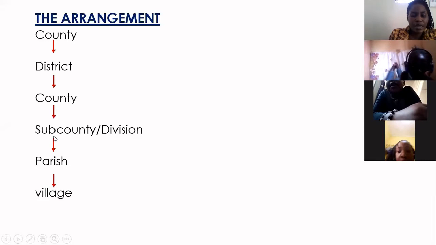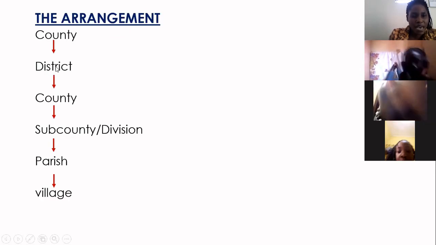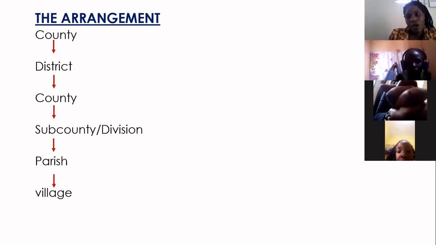When we join the sub-counties or divisions, we form a county. When we join many counties, we form a district. Then when we join many districts, they are going to form a country. Hope you have understood, my pupils.